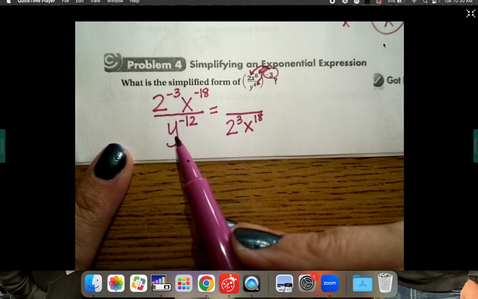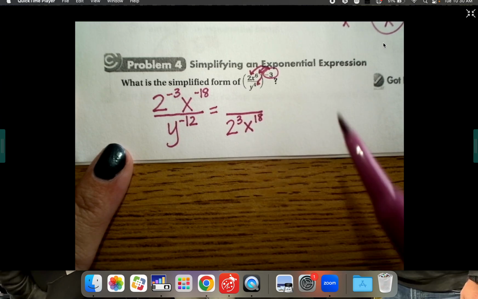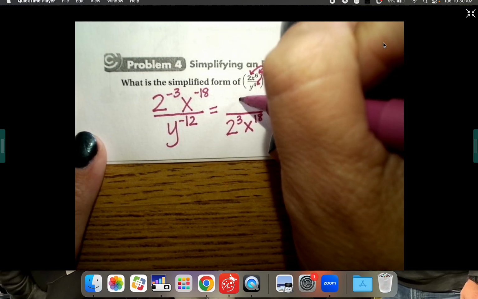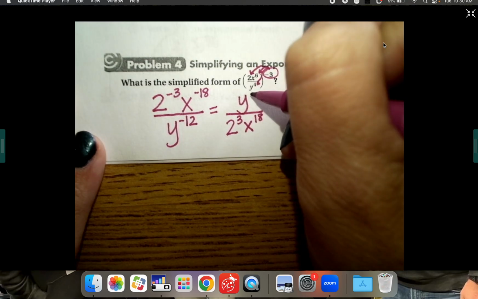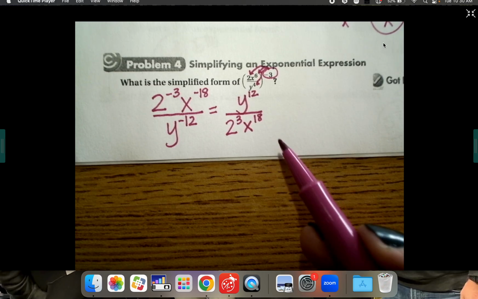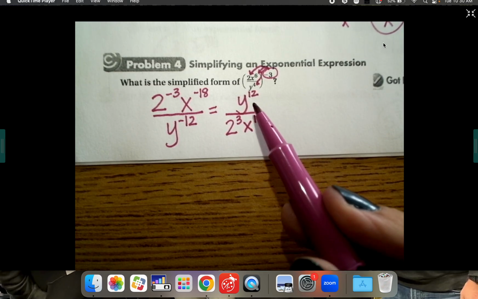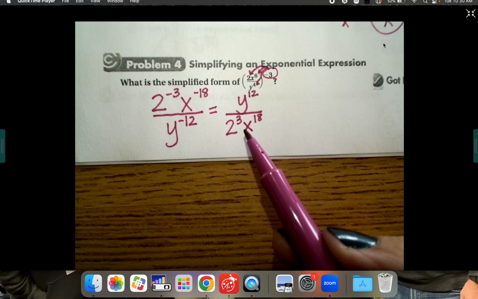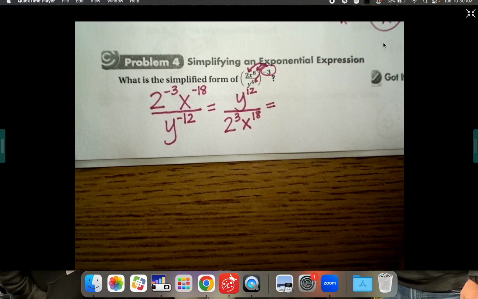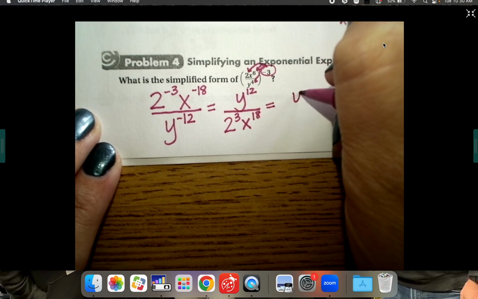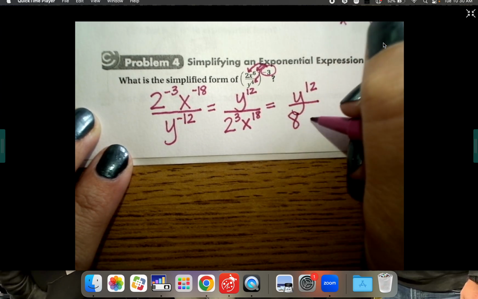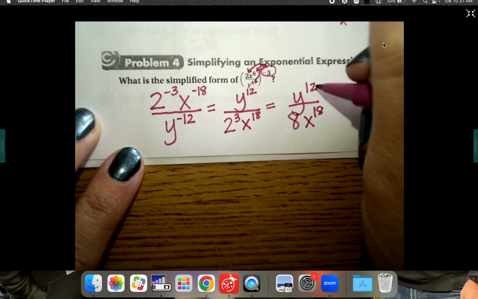And y to the negative 12th is going to flip spots too. So if it was in the denominator, it's going to move up to the numerator, and then it's going to become positive. So we would be done because we don't know what y is and we don't know what x is, so those have to stay. But we do know what 2 to the third power is. 2 to the third power is 2 times 2 times 2, which is 8. So our final answer is y to the 12th over 8 x to the 18th.